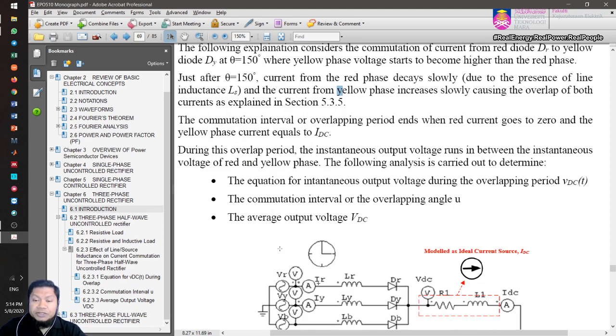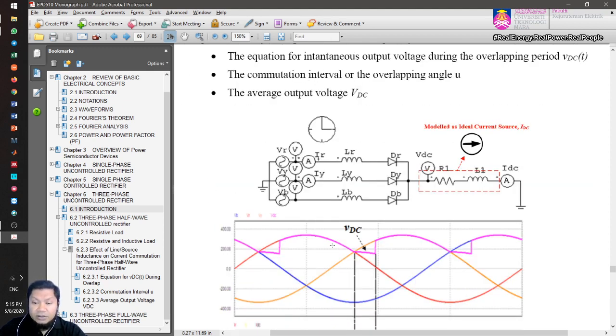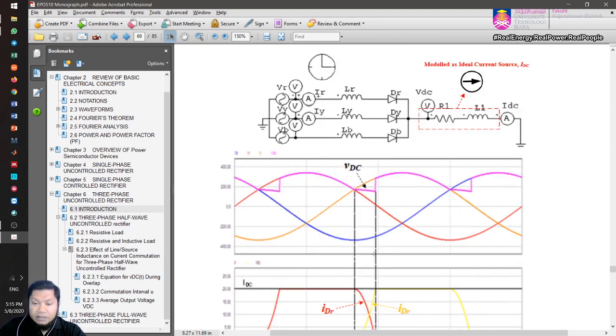Okay, so you can read this, right? In doing the analysis, we're going to have three sub-analyses, three items. The first one is that we're going to look at the instantaneous waveform. During the overlap, we know that this is overlap current.